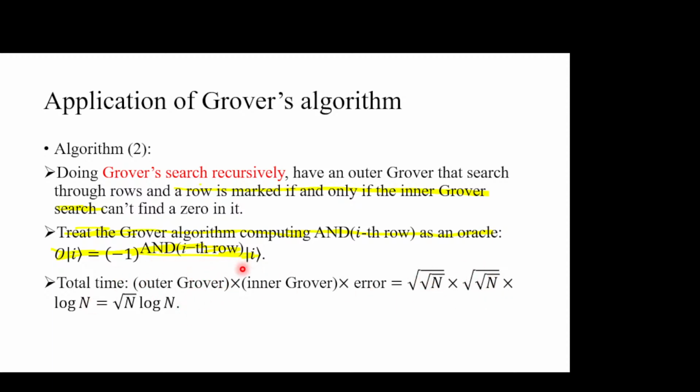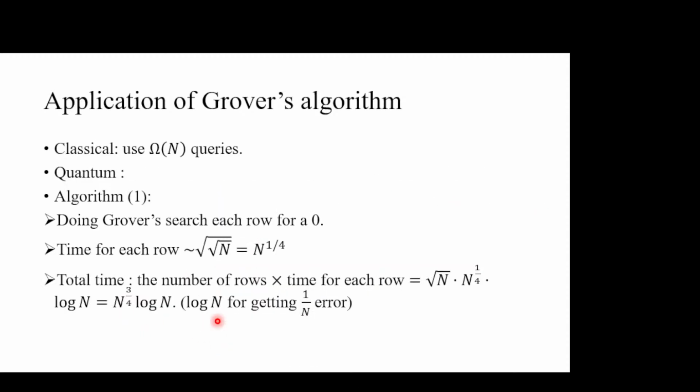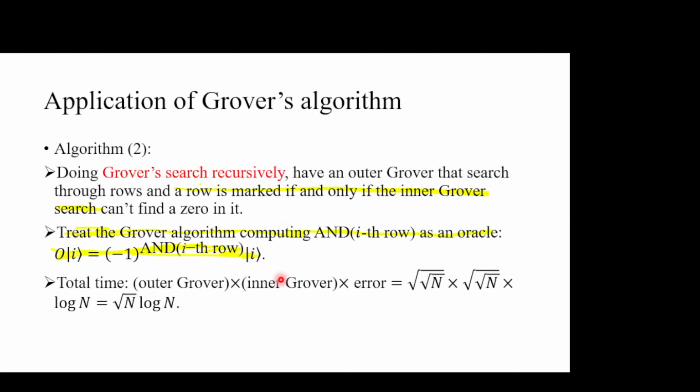Each oracle call is actually done by the inner Grover, and the inner Grover needs square root n, as we said before. There is also this log factor, as before, because we need the inner Grover to be pretty accurate. So the end result is that you need square root n log n queries to do this.